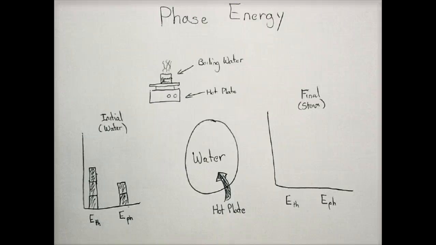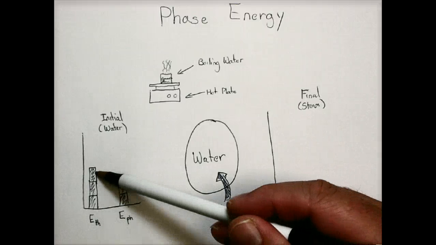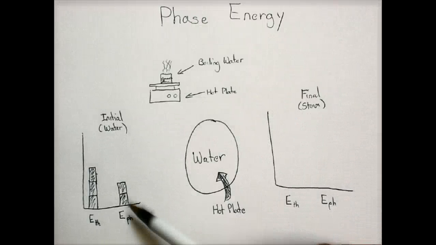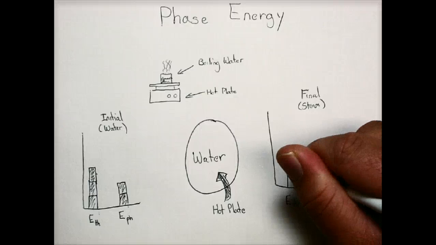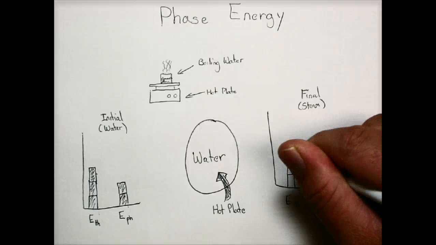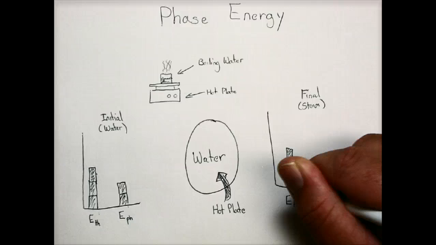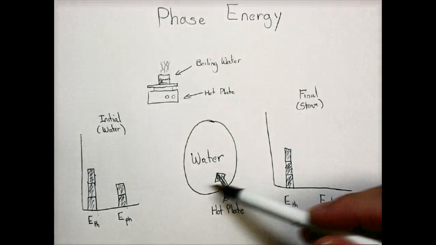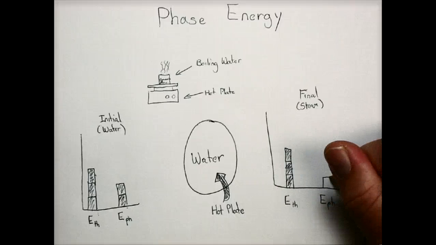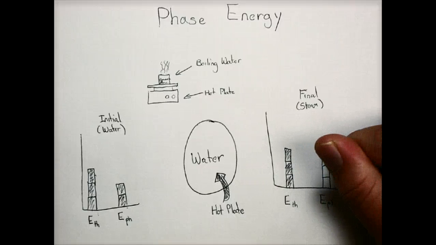And in this little graph, our temperature is related to our thermal energy. So during a phase change, temperature doesn't change, so our thermal energy has to stay the same. So the only place that this energy that we added could go to is in our phase energy. And so we have to add another block onto that.